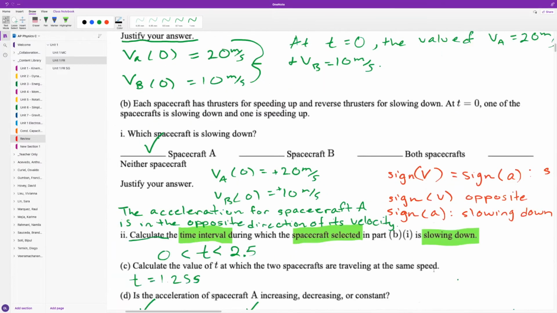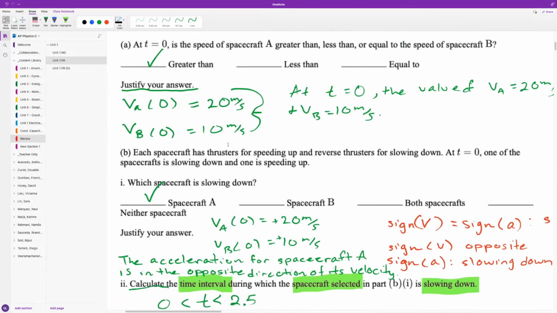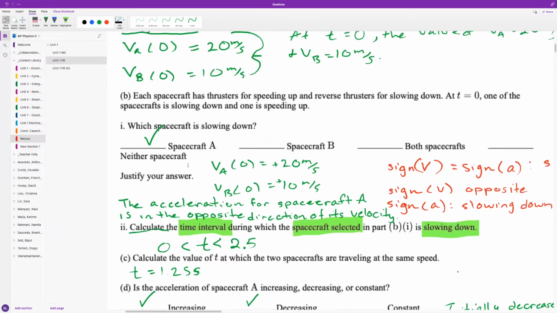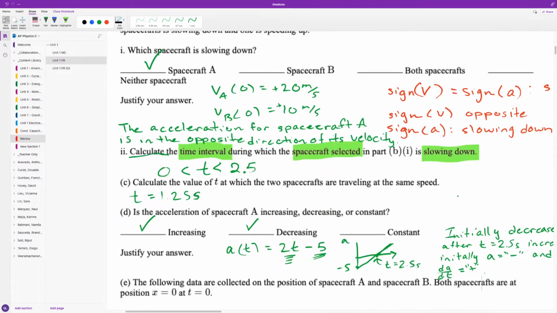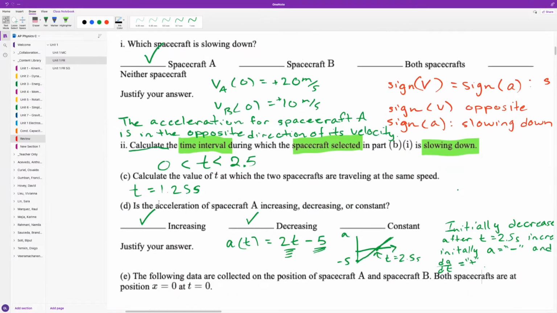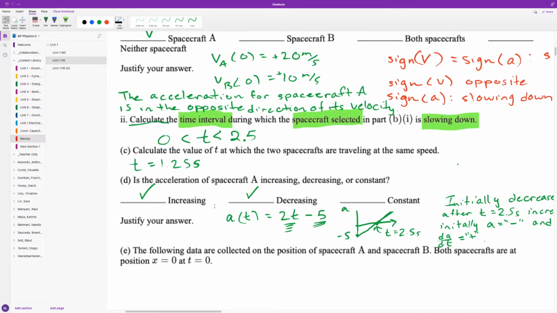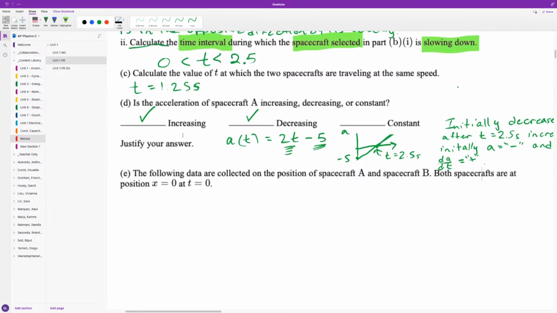But I just don't think they gave us enough information here in the question to base our answer on which time interval. Now, it could be that when I was copying the question over, I missed part of that for part D. And if so, after enough time has passed, then definitely it's going to be increasing, especially after 2.5. Okay, so sorry about that.